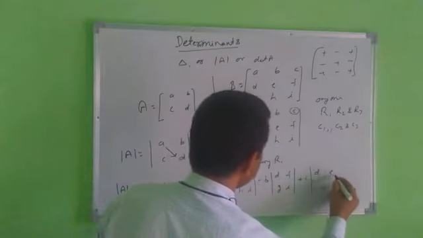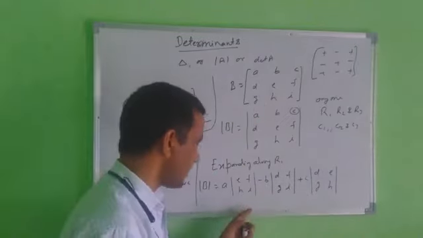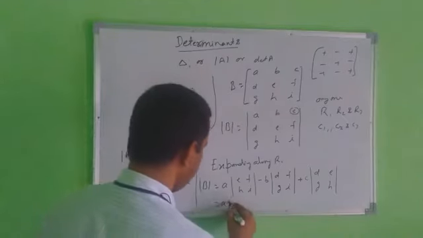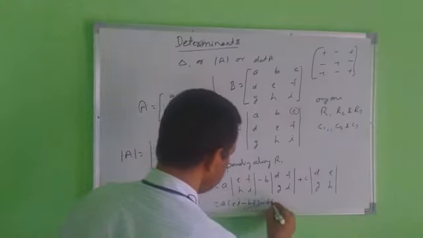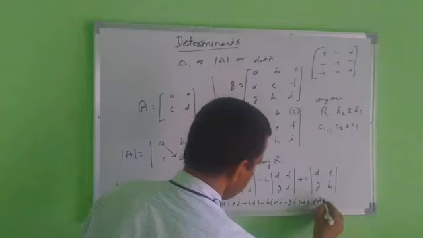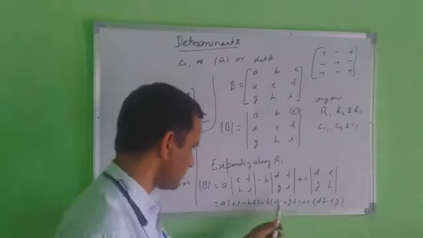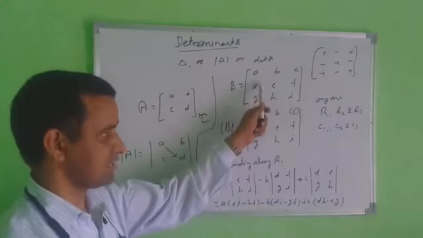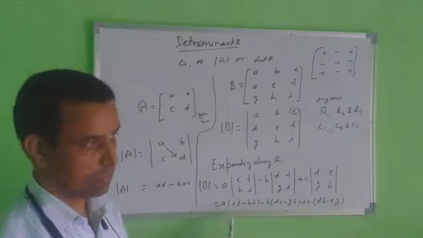D, E, G, H. After that you calculate and find the exact answer: A(EI minus HF) minus B(DI minus GF) plus C(DH minus EG). When you calculate, with the subtractions and additions, you get a definite value for the determinant of this matrix.